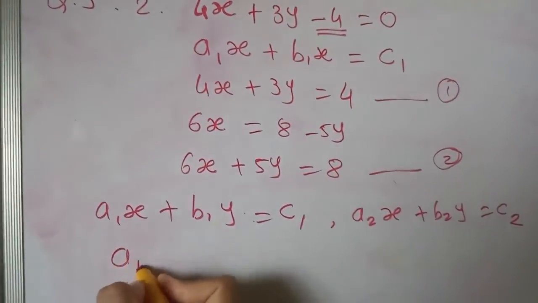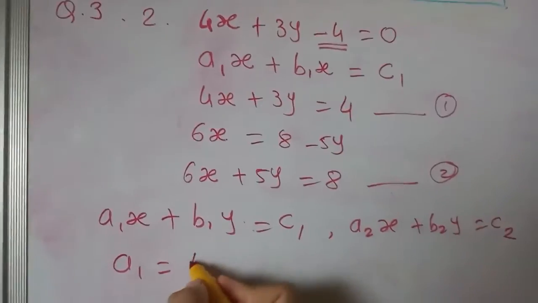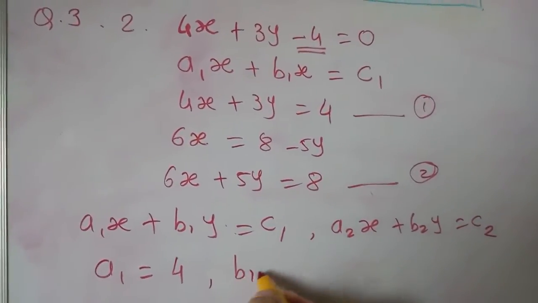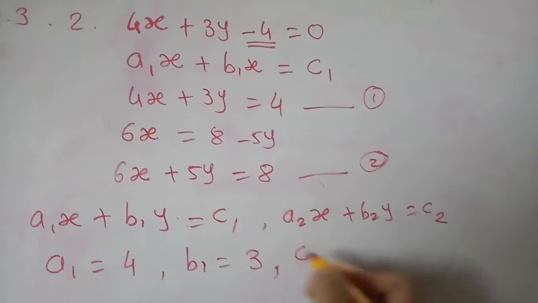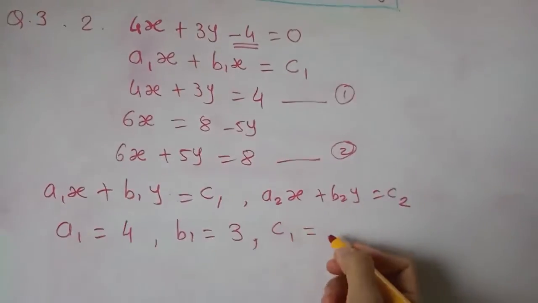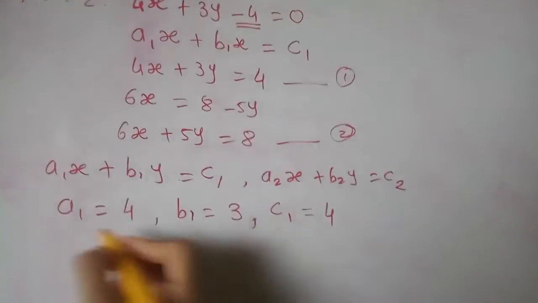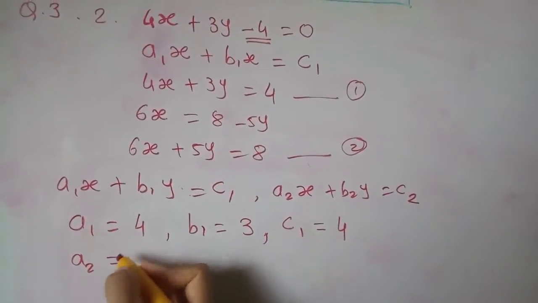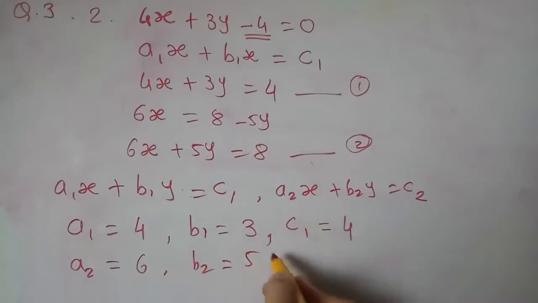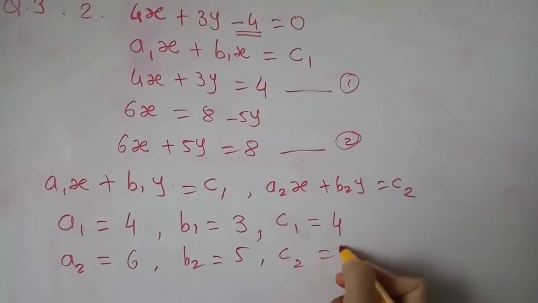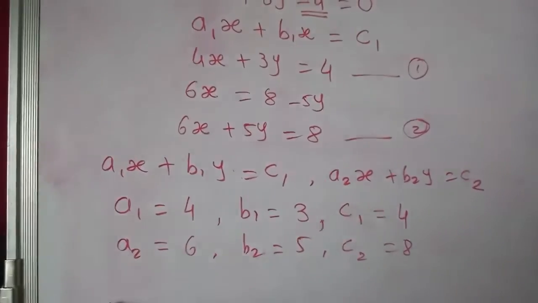So value of a1 is equals to 4, b1 is equals to 3 and c1 is equals to 4 and a2 is equals to 6, b2 is equals to 5 and c2 is equals to 8.